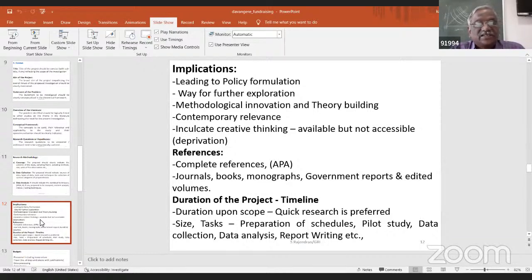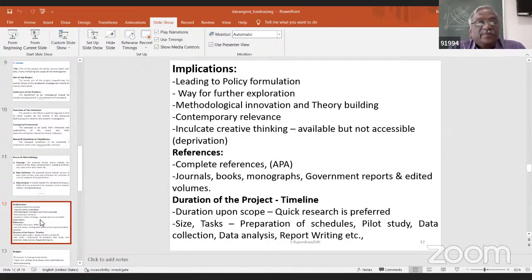Therefore, in social science research, methodological innovation forms an important aspect, which will lead to newer directions, newer aspects, newer discoveries in the analytical framework. Therefore, methodological innovation is yet another important implication of your research.